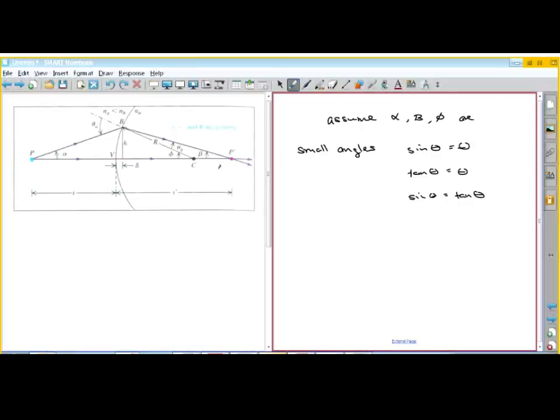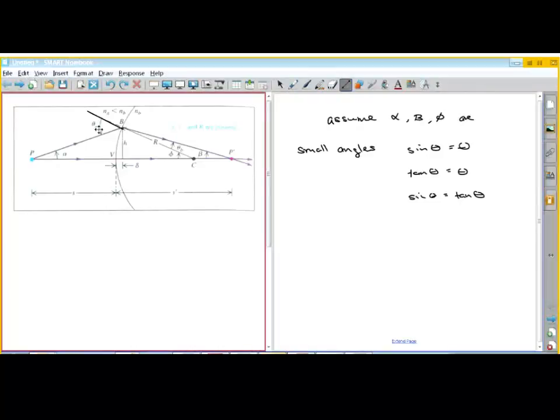Now, let's see what observations we can make. So we have that this angle here, remember from geometry that this is an exterior angle. So let me just draw a line. I'll take it off in a minute, but this line, this exterior angle is equal to the sum of the two interior angles.